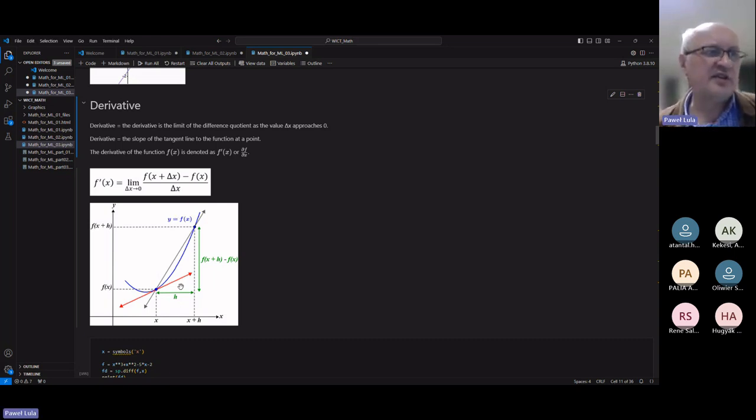But sometimes it may be difficult. For the second approach, for this very small h value, we can draw this straight line, measure the angle between this line and the x-axis, and calculate the tangent of this angle. It is the derivative of a function at this given point.